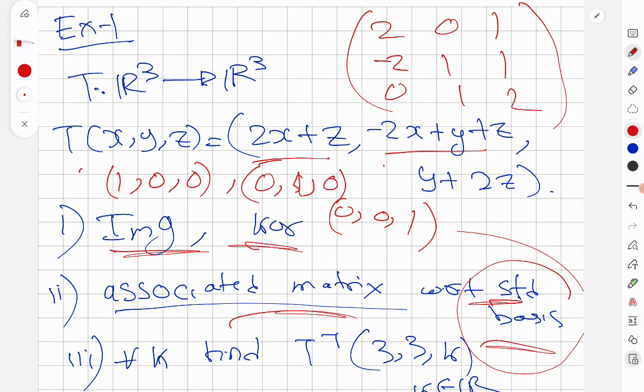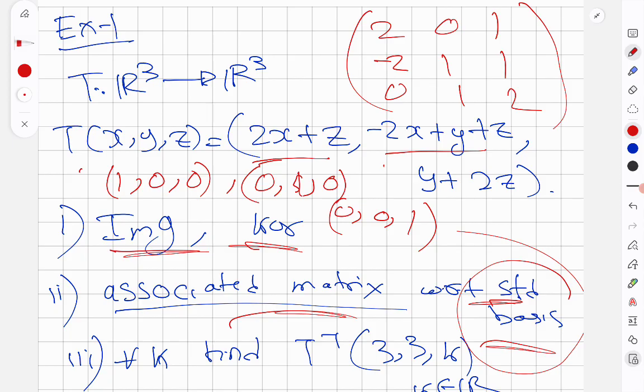So what's the difference between images and an associated matrix? If we're writing the images by using 1 0 0, 0 1 0, 0 0 1, we put these in this, right?